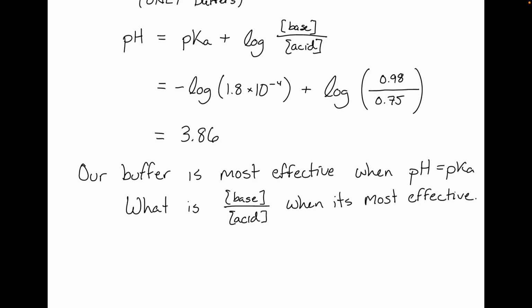Right? I sort of told you a buffer is best at resisting changes to pH when the pH of that solution is exactly equal to the pKa. How do I prepare a buffer where the pH is the pKa? What is that ratio of acid to base that I'm going to need to use? Or I guess base to acid.